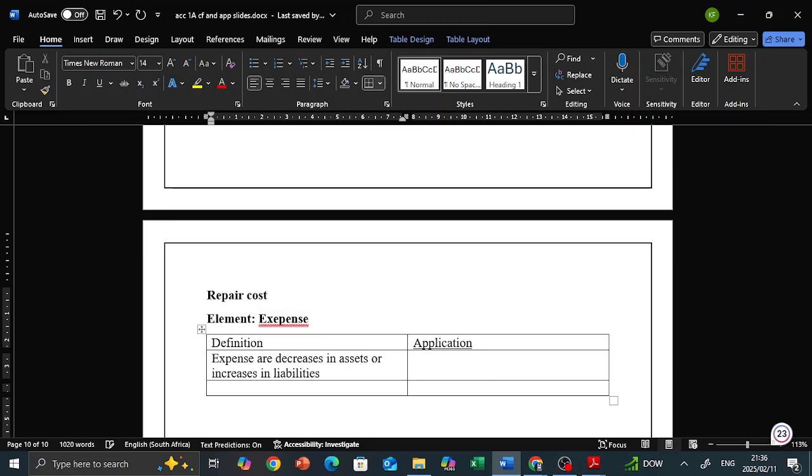And here, if we're being fair, did a liability not increase, guys? Let's use the conceptual framework here. Did a liability not increase? Do we not now have a liability? We do. Yes, we do. Exactly. So we are abiding by the definition. So if you wrote expense in the paper and you were able to apply it correctly, as I'm about to show you, you cannot get this question wrong.